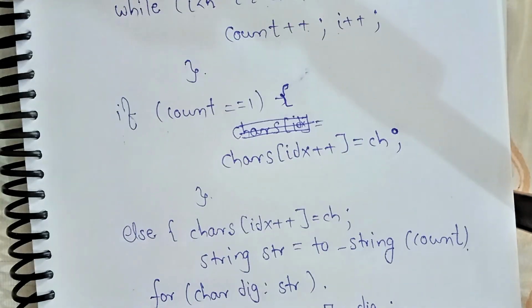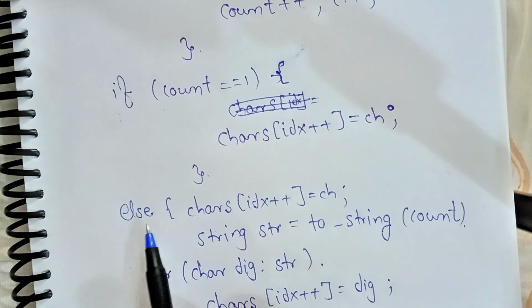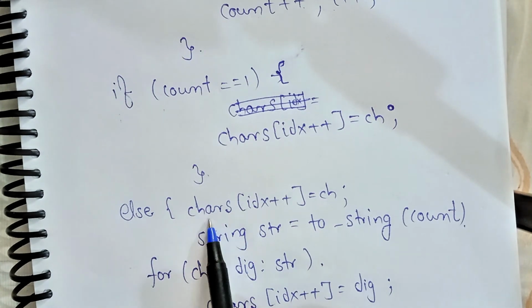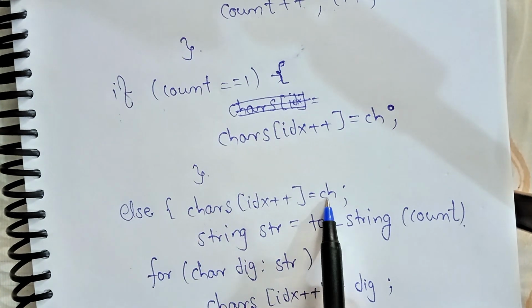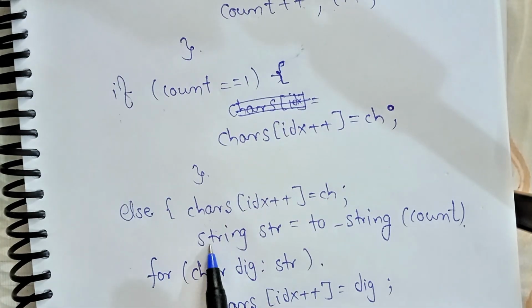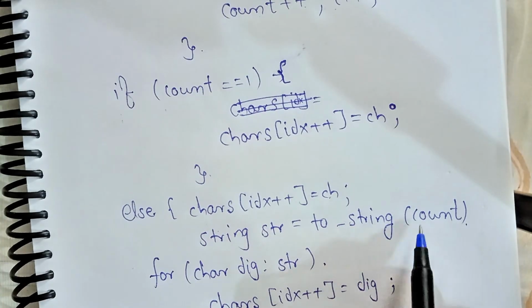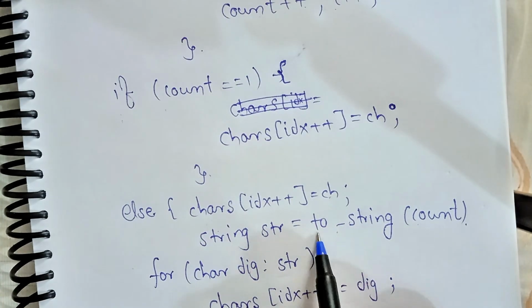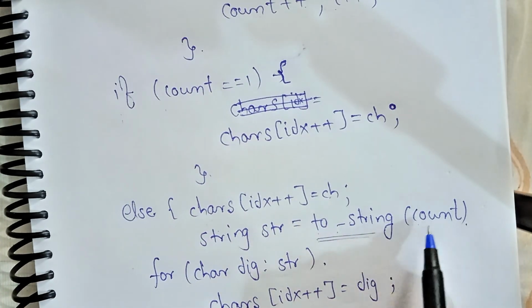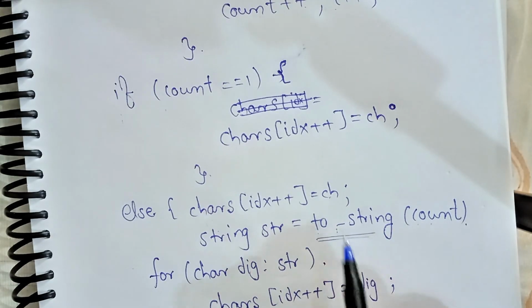And what if there is more than one character? Then we will have one else condition where we will return the character and convert the count into a string. This is the function which is used to convert count into a string.